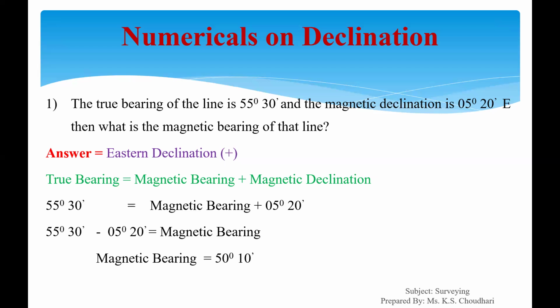So 55 degree 30 minutes is equal to magnetic bearing plus 5 degree 20 minutes. So 55 degree 30 minutes minus 5 degree 20 minutes is equal to the magnetic bearing. Therefore, the final answer is magnetic bearing is equal to 50 degree 10 minutes. For better understanding, pause the video and try to solve it on your own.